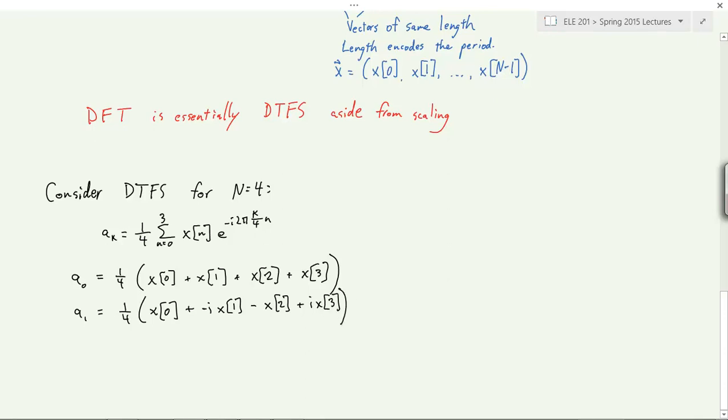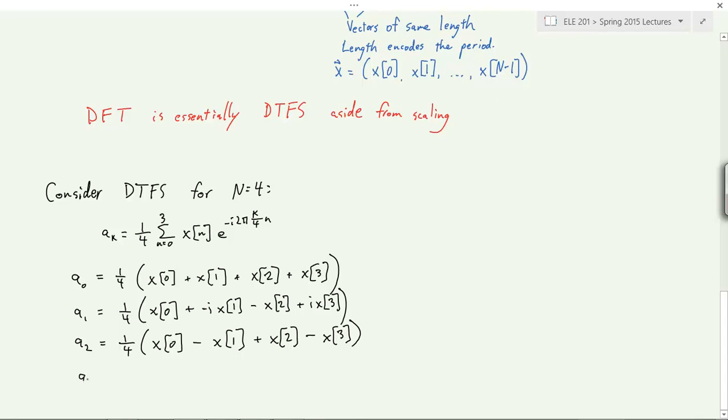Okay, so I get there's the formula for calculating A1 explicitly in this case. Let's do the last two. This just becomes very simple. This is x0 minus x1 plus x2 minus x3.